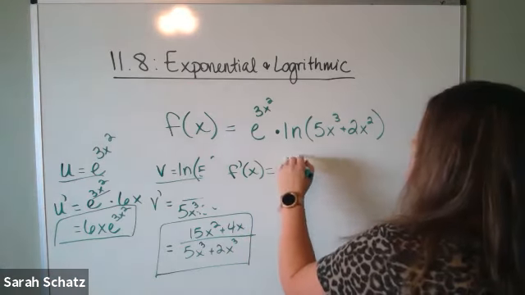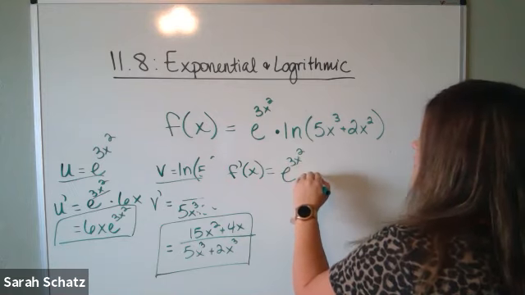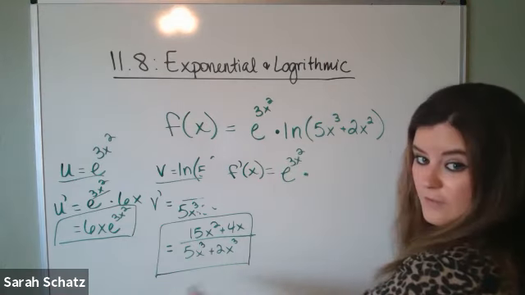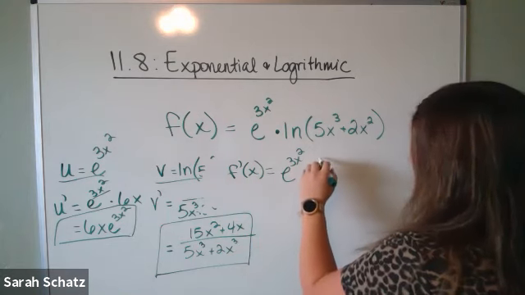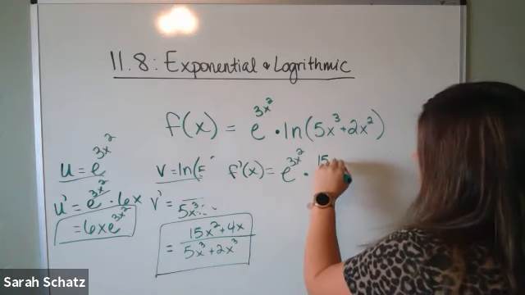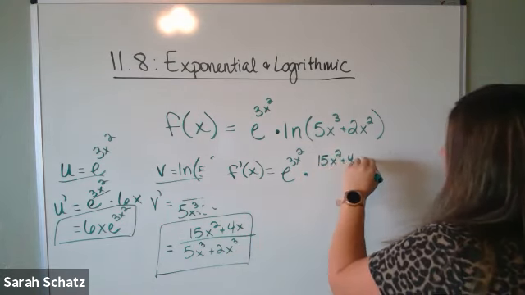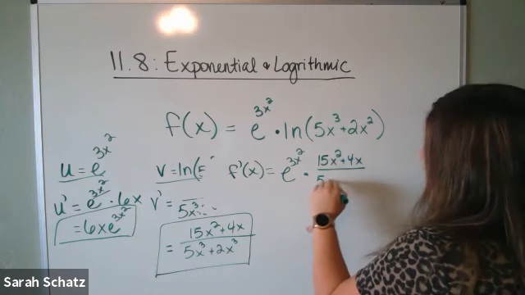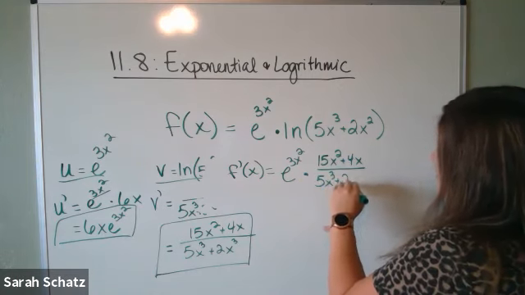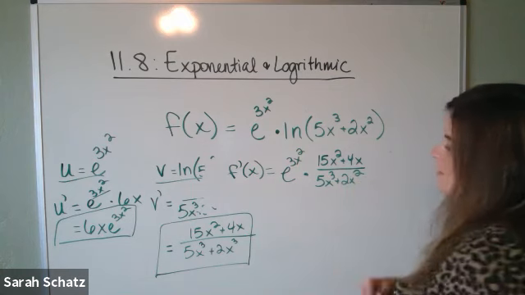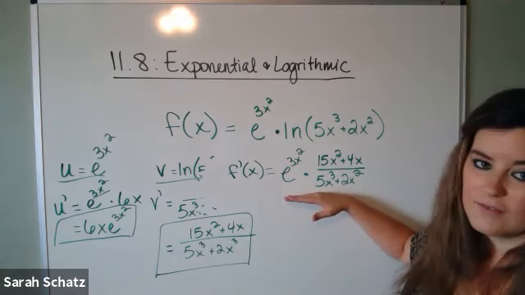u is e to the 3x squared times all of this, the derivative of v, 15x squared plus 4x over 5x cubed plus 2x squared. This looks ugly, but I'm just going to leave it as is, guys.